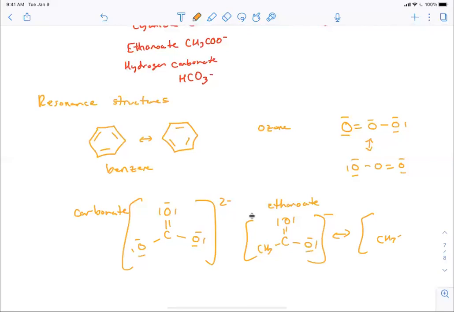The double bond will alternate between those 2 regions of CO. That's why the bond length in ethanoate is shorter than a single bond but longer than a double bond, because they're sharing equivalent electrons. It's almost like 1.5 bonds, whereas carbonate is like 1 1/3 bonds for the equivalent.